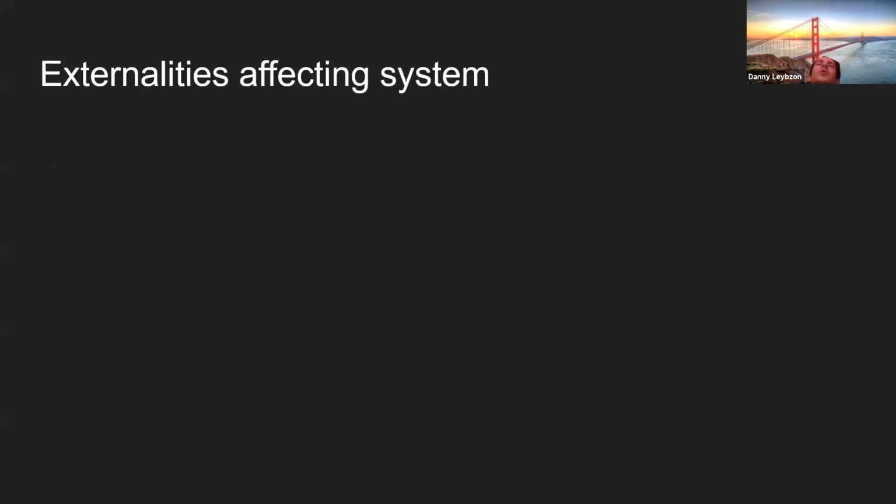Now, finally, there's also externalities that might be affecting the system. And I think this is primarily important for system monitoring, the last of the three types of monitoring that I talked about earlier. So system monitoring is important because it lets us keep track of how the hardware is performing and how quickly the system is able to spit out predictions.